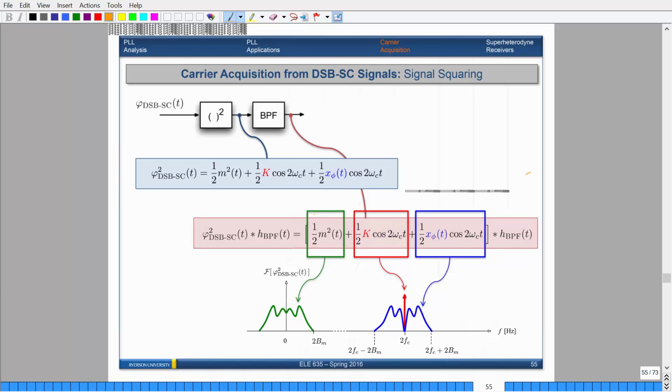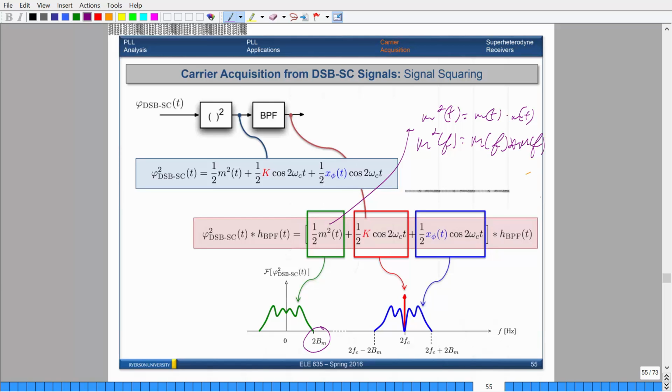Okay, so the green here is what the spectrum would look like for m squared. And if you take a look at what the bandwidth is, you'll see that it's twice the bandwidth. Because if you remember from the first tutorial, if you were to square an input signal, in the frequency domain you're basically doubling the bandwidth, right? Because you can think of this as m squared of t. You're just multiplying these two signals together, and in the frequency domain you're just convolving these two together.